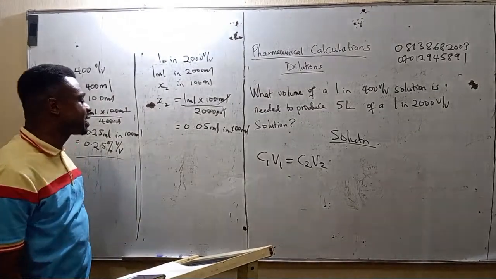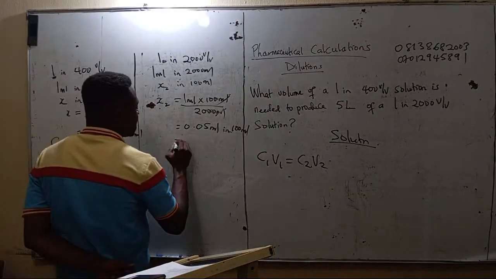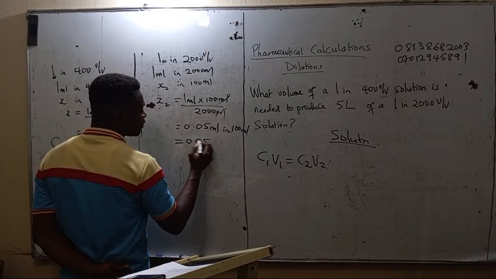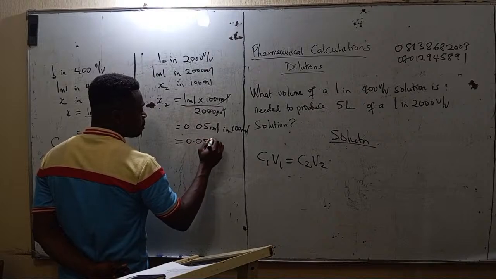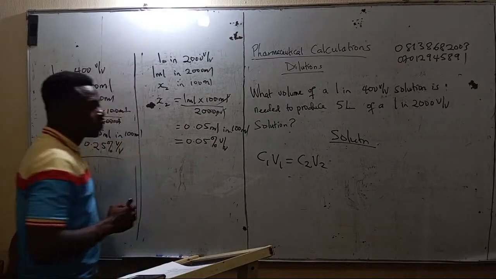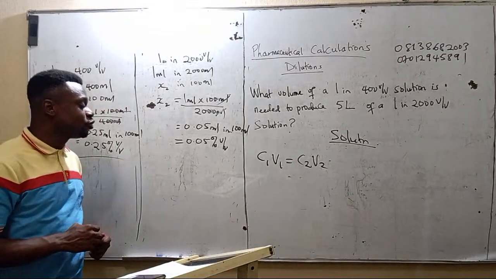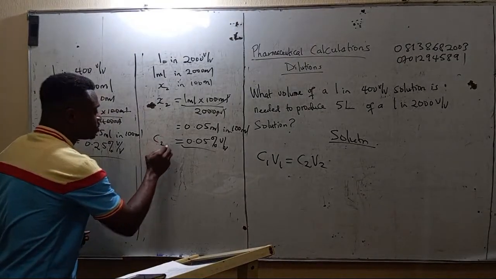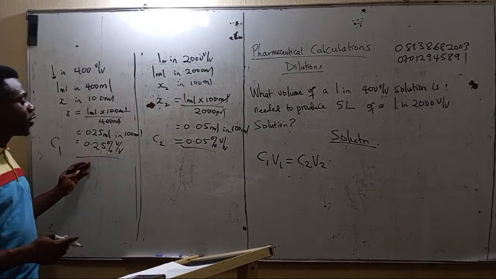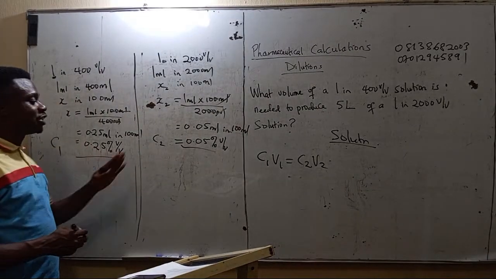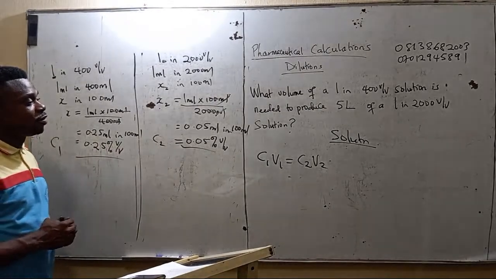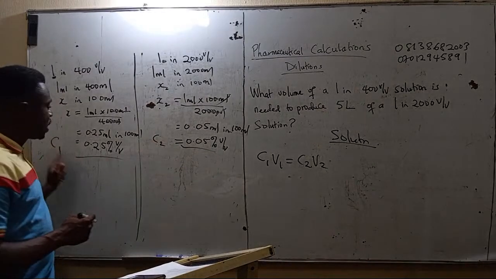So this implies that the percentage strength is 0.05% volume in volume. This is C2. C2 is X2. So we have succeeded in converting ratio strength to percentage strength.